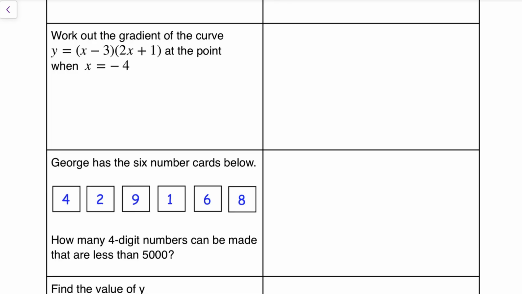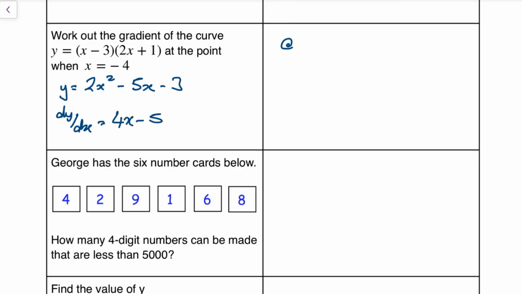Next question. Work out the gradient of the curve at the point when x equals minus 4. Now, as you've probably heard me say many times, you can't do the product rule yet. If you can, brilliant, well done, do that if you want. But actually it's still easier to expand, isn't it? So if I expand the bracket, that gives me 2x squared plus x minus 6x, which is minus 5x, and then minus 3 times 1 is minus 3, which means dy/dx is going to be equal to 4x minus 5.